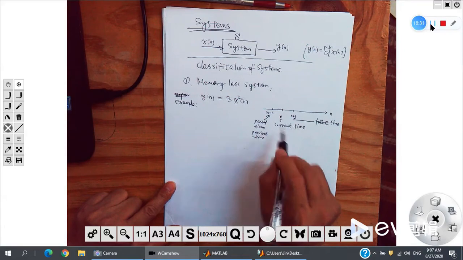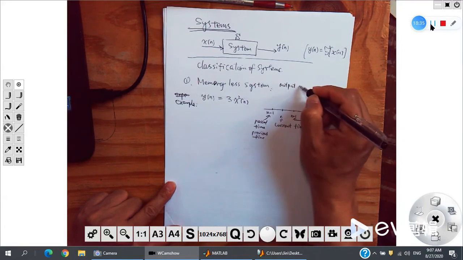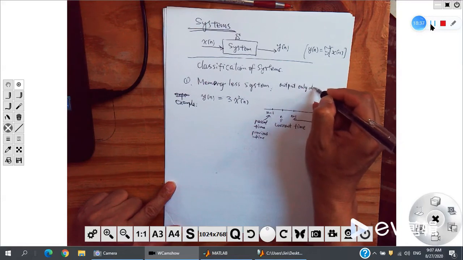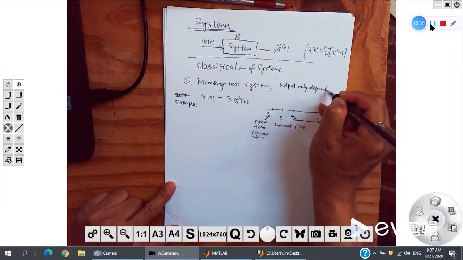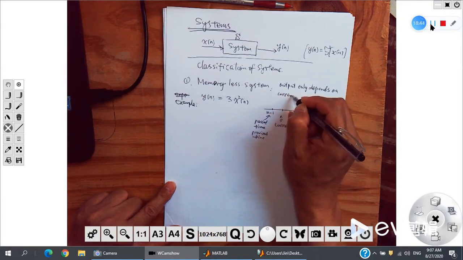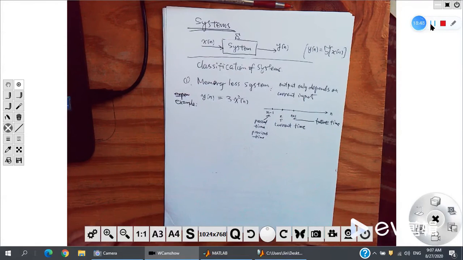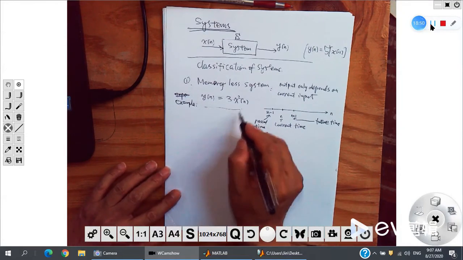The output only depends on the current input. This is memoryless.